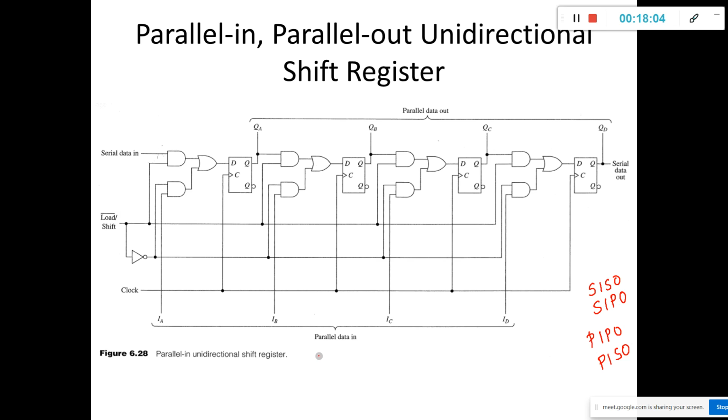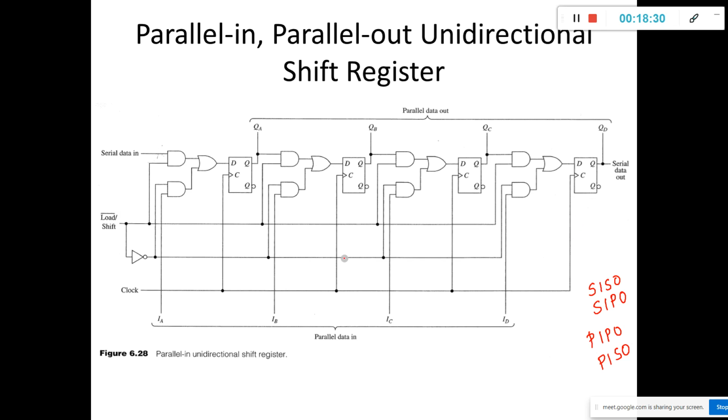Parallel data means at a single clock instant you get the input and the output also. Serially means first you wait for the first clock pulse, second clock pulse, third clock pulse and fourth clock pulse. So the data will be ready at the serial data out after the occurrence of the fourth positive edge of the D flip-flop.